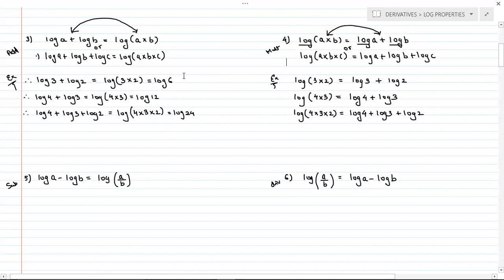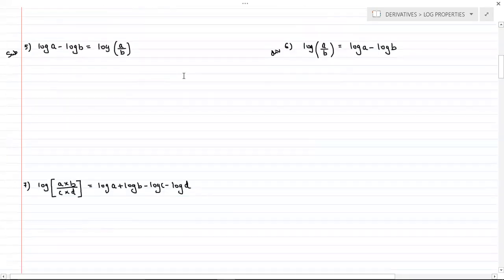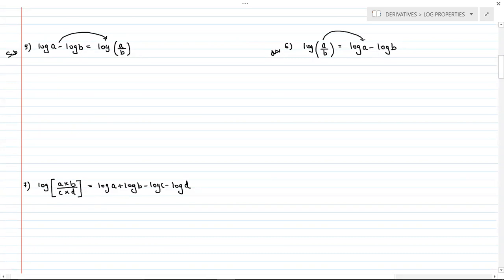Okay, so let's move on to the next formula, that is fifth. Fifth one is subtraction, and sixth one is division. Okay, so here also we'll take some example, and with the example we'll try to understand the concept. So here clearly we can see that subtraction gets converted into division, and here division gets converted into subtraction.